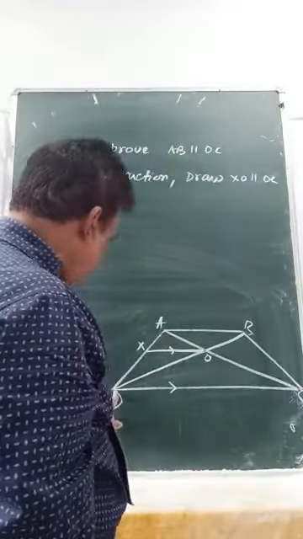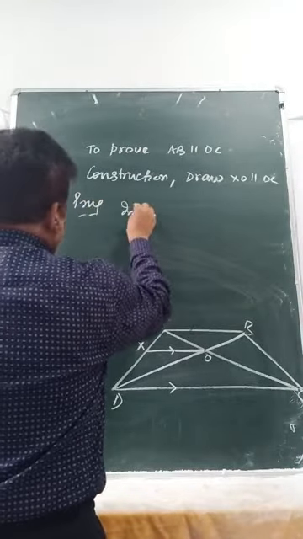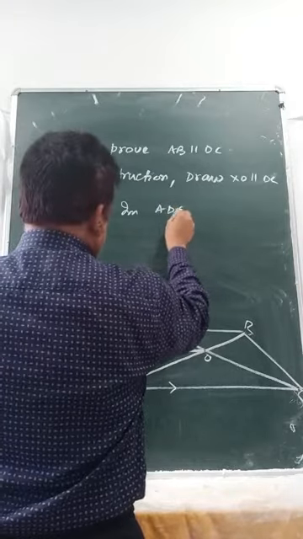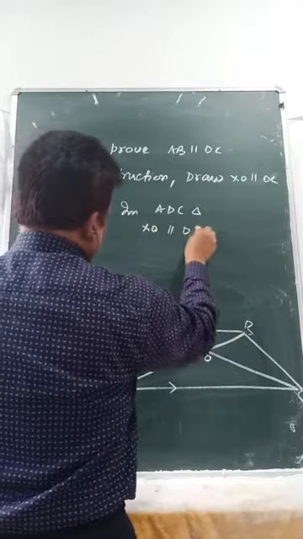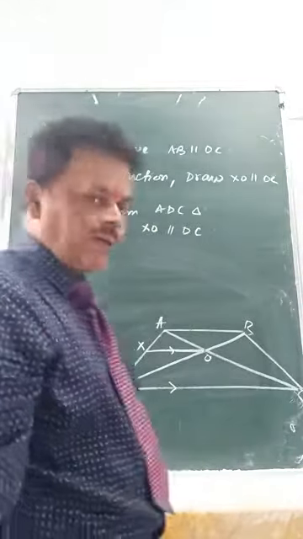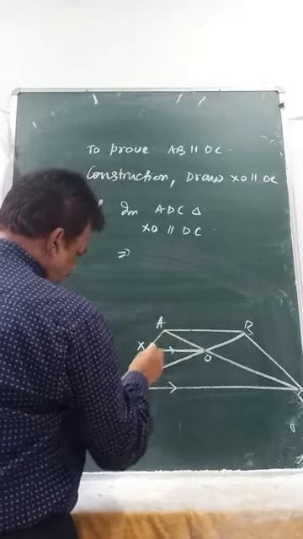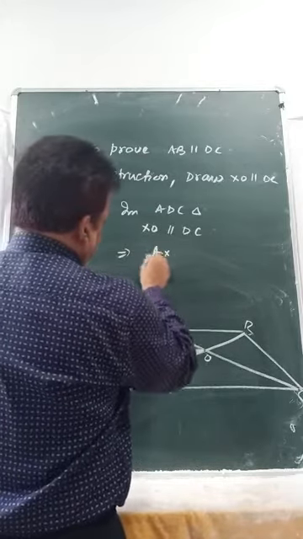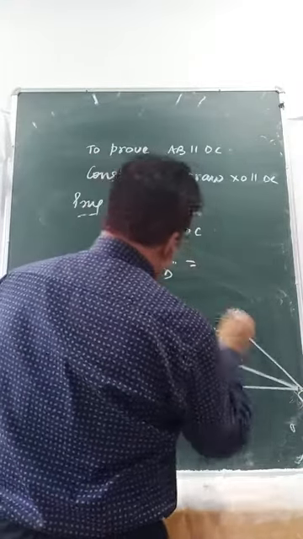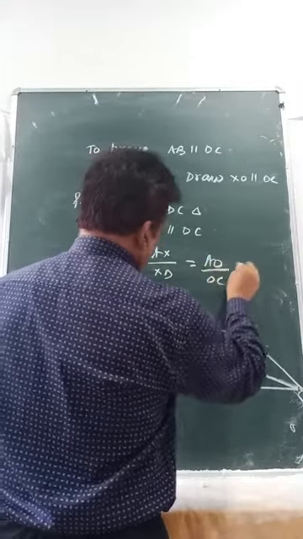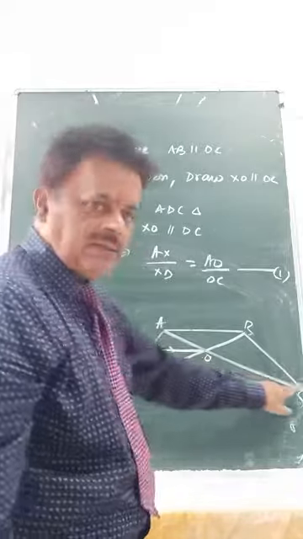Now in triangle ADC, XO is parallel to DC. Then AX by XD equals AO by OC, because I have drawn a parallel, so this by this will equal this by this.